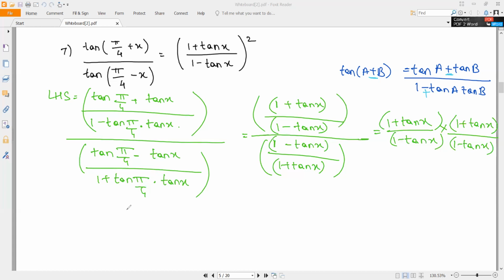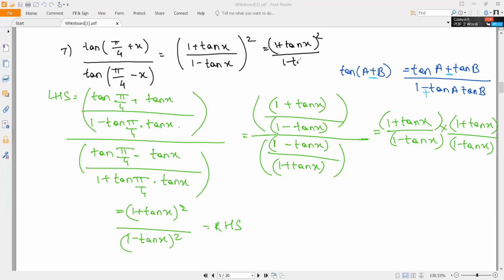This is equal to 1 plus tan x whole square upon 1 minus tan x whole square, which is your RHS. Because this can be written as 1 plus tan x whole square upon 1 minus tan x whole square. Next.